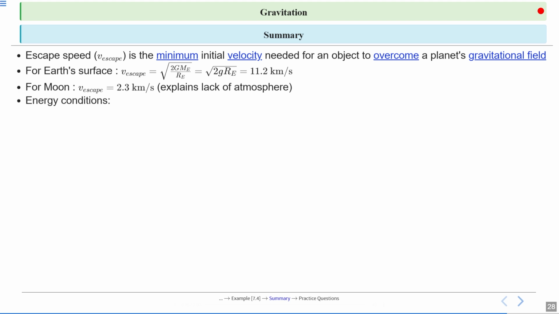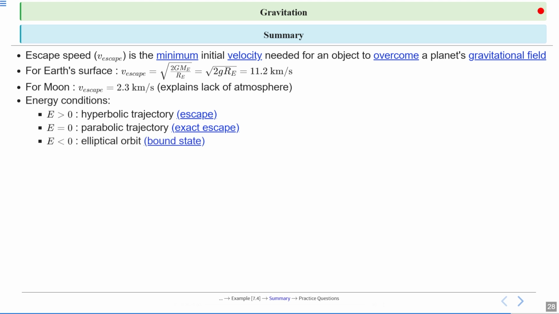Now energy conditions. For different trajectories, these conditions help us understand how an object's energy affects its path when escaping a gravitational field. So E greater than 0 gives a hyperbolic trajectory, E equal to 0 gives a parabolic trajectory or exact escape, and E less than 0 gives an elliptical orbit, a bound state.